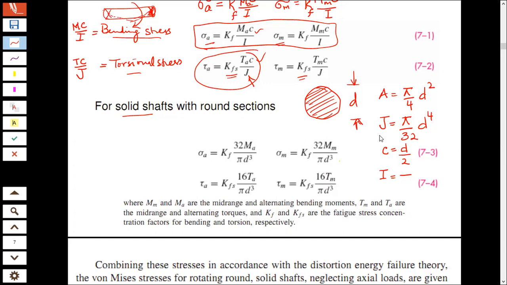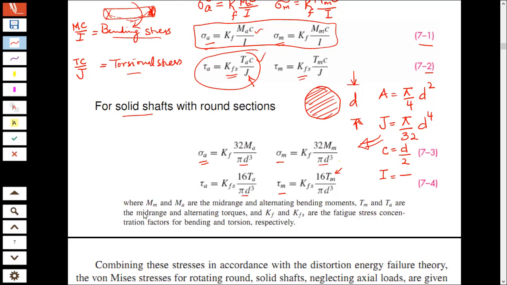And now putting all these values in the above equations, 7-1 and 7-2, this is what we are going to get. Sigma a will be equal to Kf 32 Ma over pi d cube. We just put the values of I and C in there. Okay? Similarly, sigma m will be equal to Kf 32 Mm over pi d cube. Tau a will be equal to Kfs 16 Ta over pi d cube, and tau m will be equal to Kfs 16 Tm over pi d cube, where this T is the transmitted torque in the shaft.